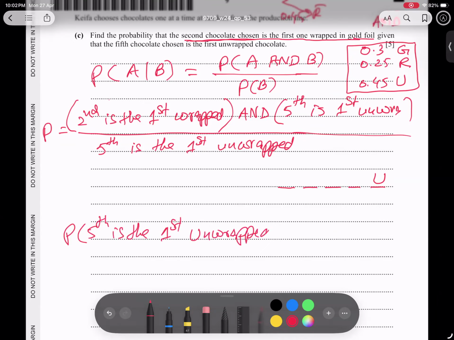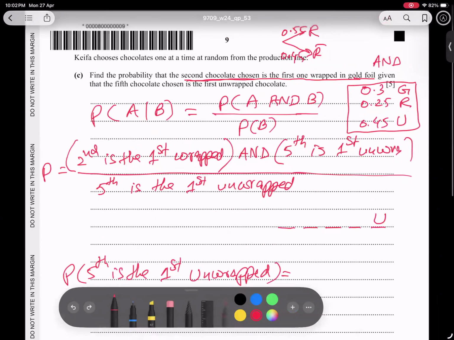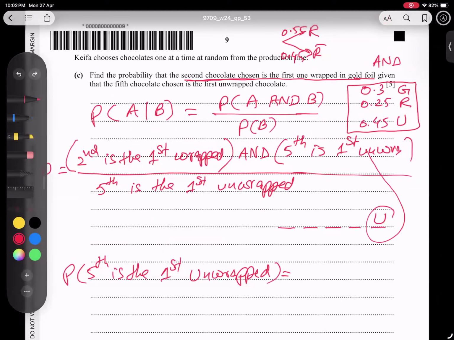This I can get easily. This is an unwrap, so 0.45. And these are all 100% wrap, so it means 0.55, 0.55, and power 4. This is the answer for the denominator.